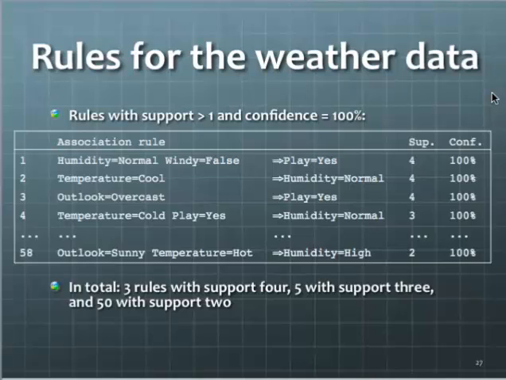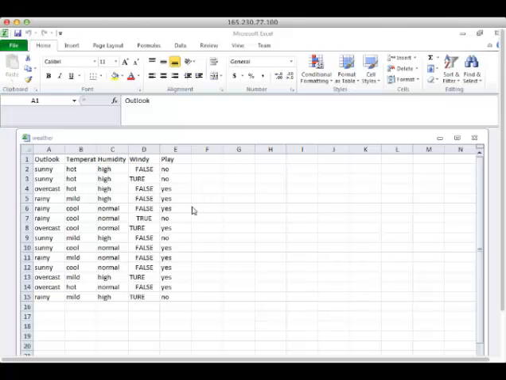It's the weather data. Okay, so first let's take a look at the data. You can see that this is the data. The data set is very small. It has only 14 records and 5 attributes. All the attributes are nominal attributes. In this data set, we didn't convert the data to the binary flag because the Apriori algorithm can only deal with nominal data.